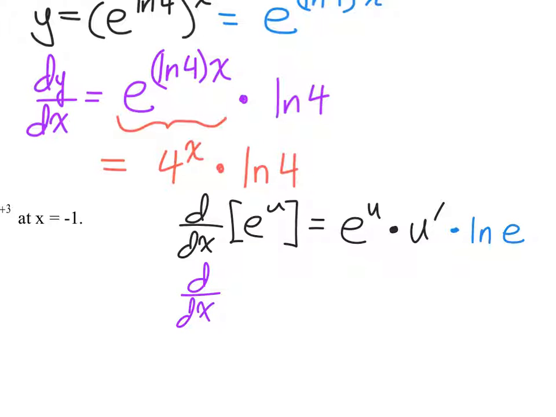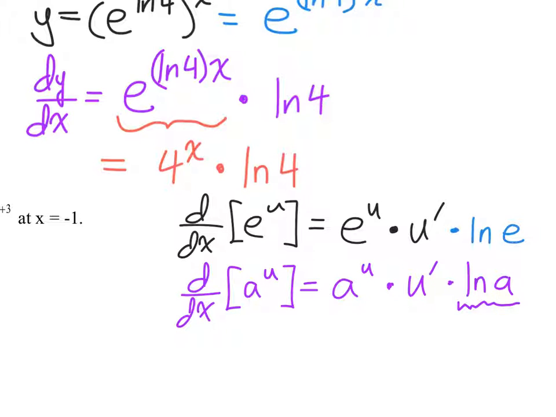So d dx of some base other than e would have the same structure, but this time that ln of a, whatever the base is, would not just cancel away, because that a value is going to be something other than e.